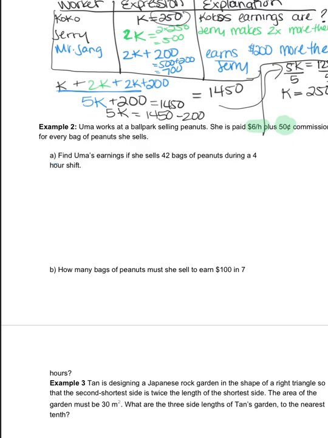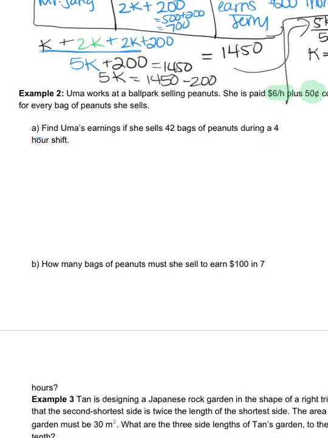So let's look at this. She sells 42 bags of peanuts during a 4-hour shift. That's pretty good. So if I'm doing this, we need to come up with a variable. Let's make a table, I guess. So I have my earnings, just like I said that we would do.